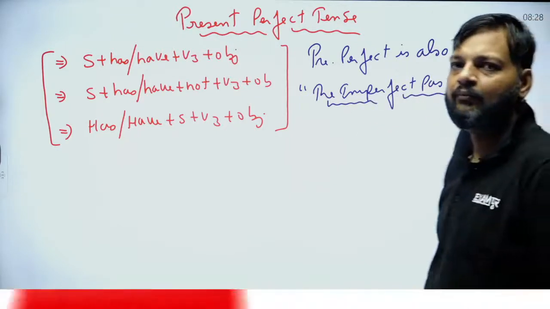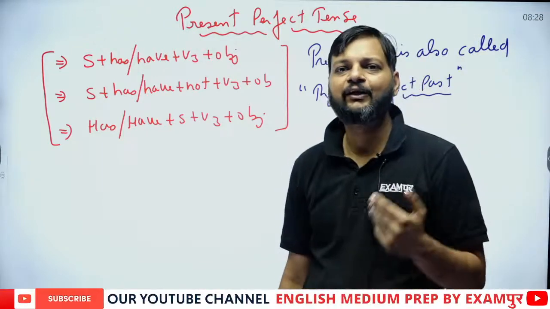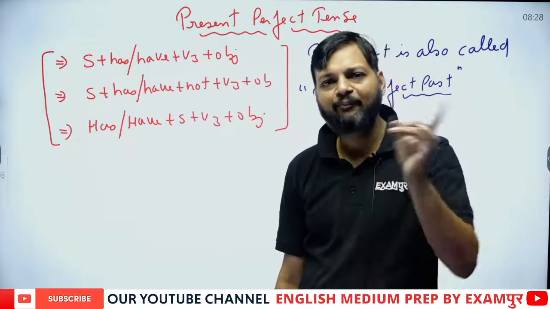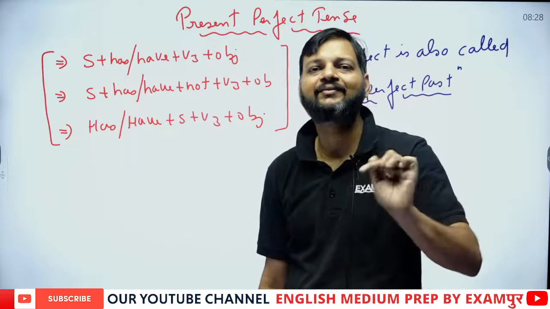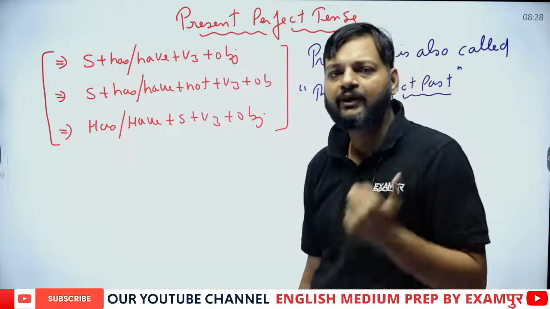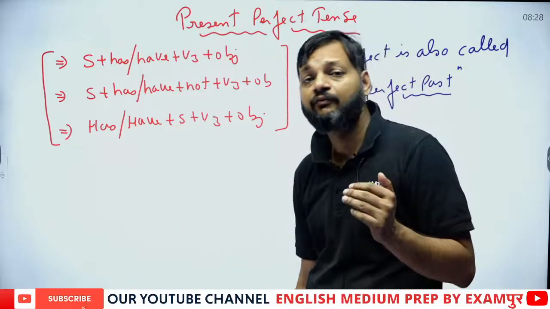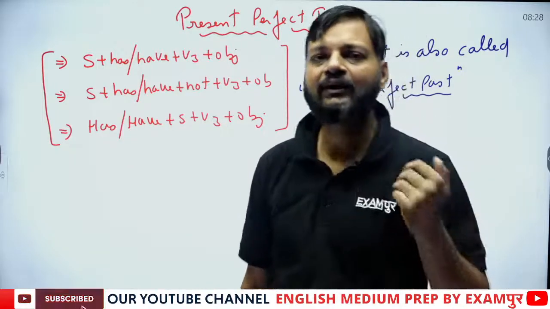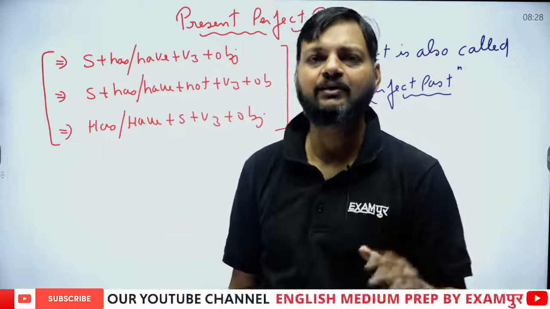Why? Because present perfect denotes an action which happened in past but still has its effect in present. Okay, present perfect denotes an action which happened in past but still has its effect in present.